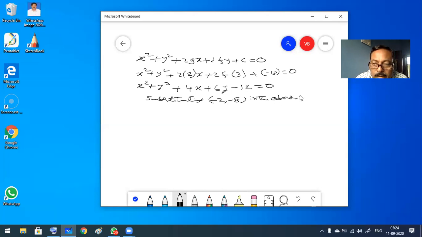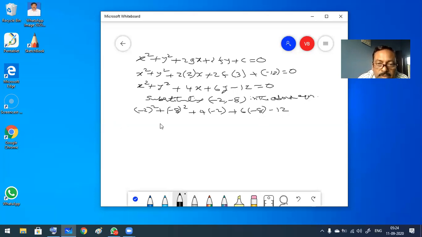In the above equation we get, x square means minus 2 whole square, plus y square means y coordinate minus 8 whole square, plus 4 into minus 2 plus 6 into minus 8 minus 12.